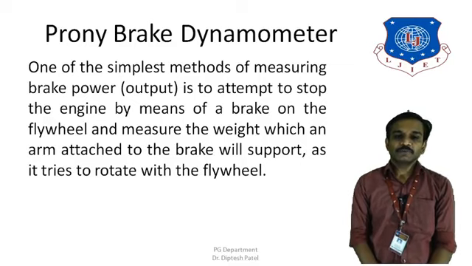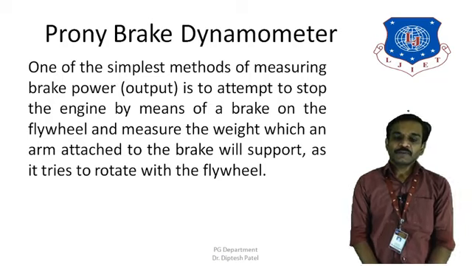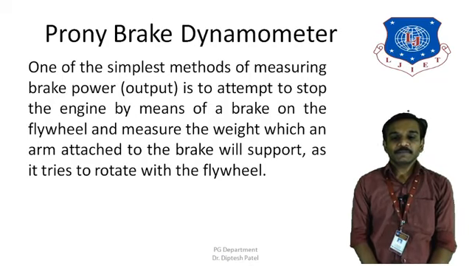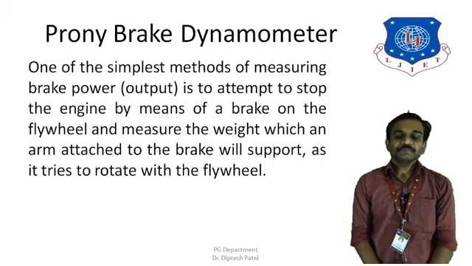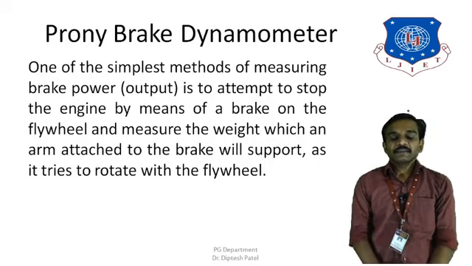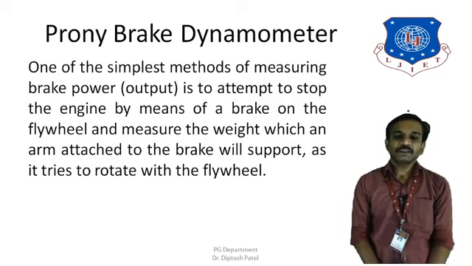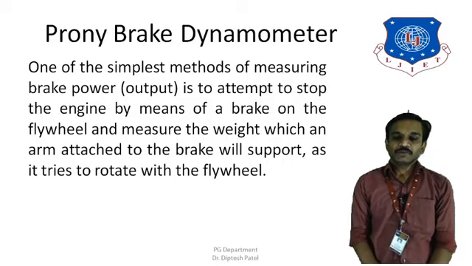You should be able to understand what the output of a particular engine would be, and then accordingly you can design the engine, modify the engine, or improve the overall design of existing designs, and you can optimize its performance. So we began with the brake horsepower, in which we went through the dynamometer, which is the instrument that measures the brake horsepower.